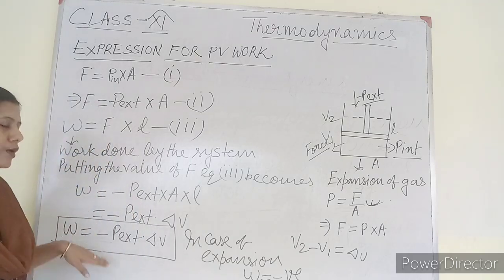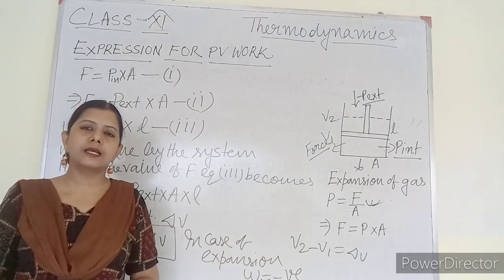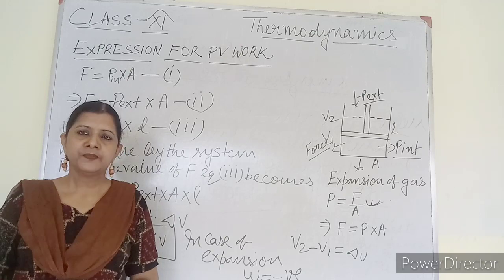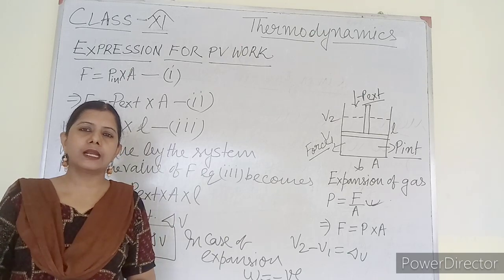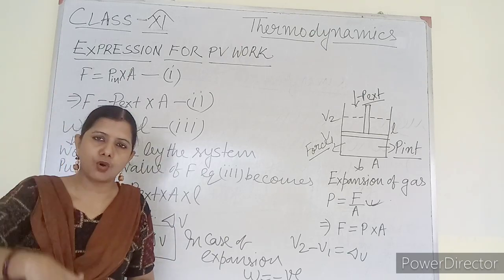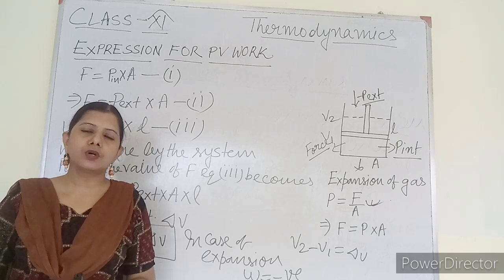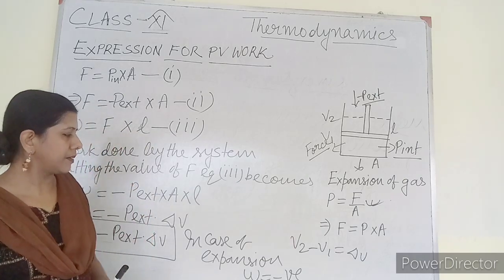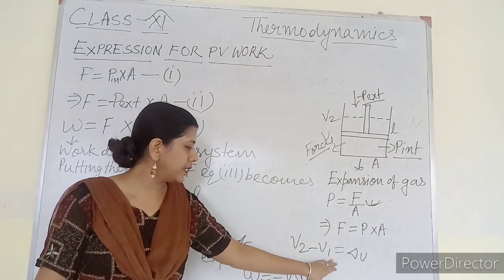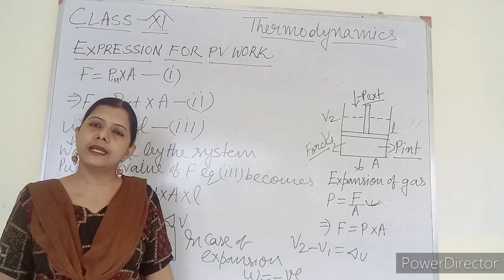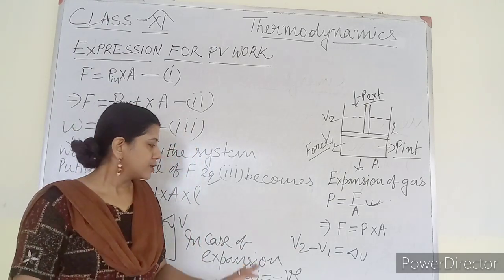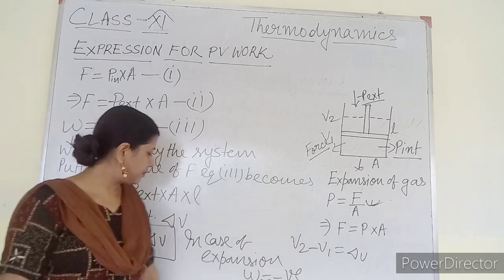Now the same formula can be used in case of contraction. When contraction is occurring, that means work is done on the system. If the work is done on the system, then V2 minus V1, delta V, will have a negative sign.